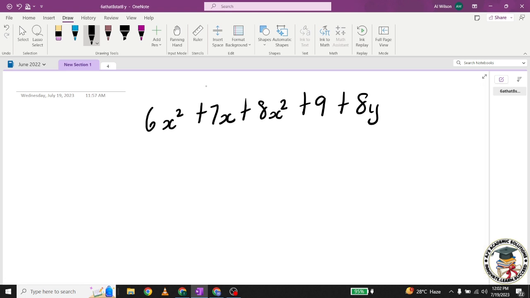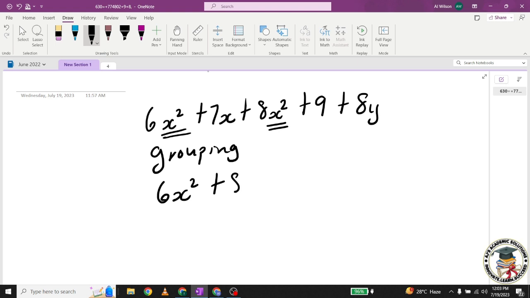Again, we are grouping. We notice we have an x squared here and an x squared here, so we're going to write those first. So we have 6x squared plus 8x squared.